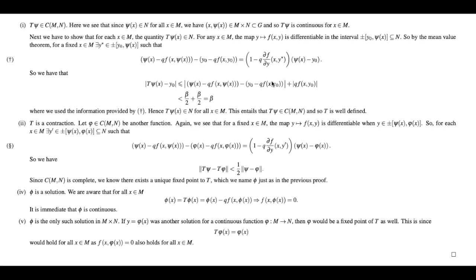Now what we see is that again we have the function y minus qf of xy for fixed x evaluated at these two points psi of x and y naught, and then we can use this equation above, which we've labeled dagger. We can use it to create a bound. So we know that this expression is bounded above; its magnitude is equal to the magnitude of the right hand side of dagger.